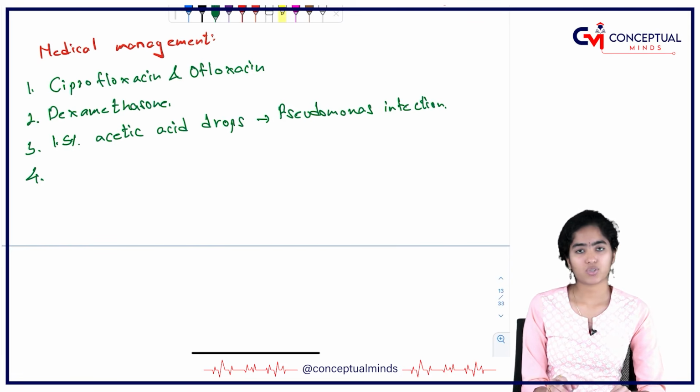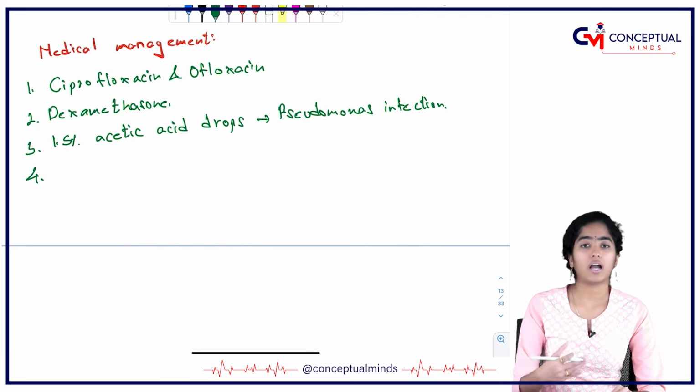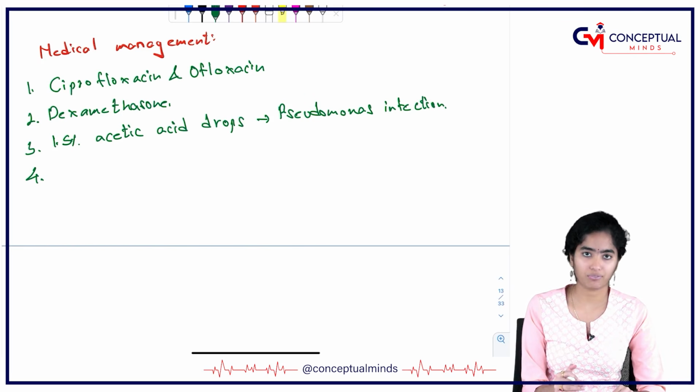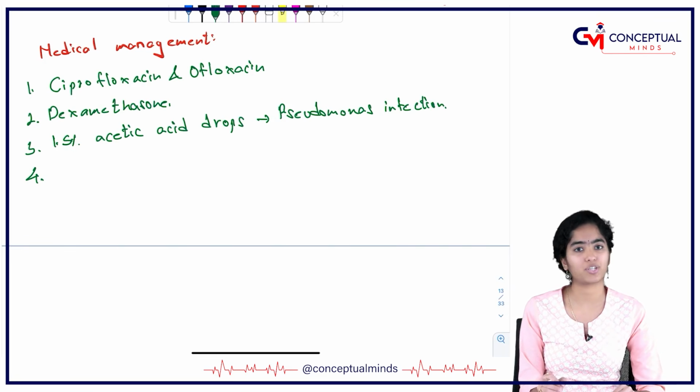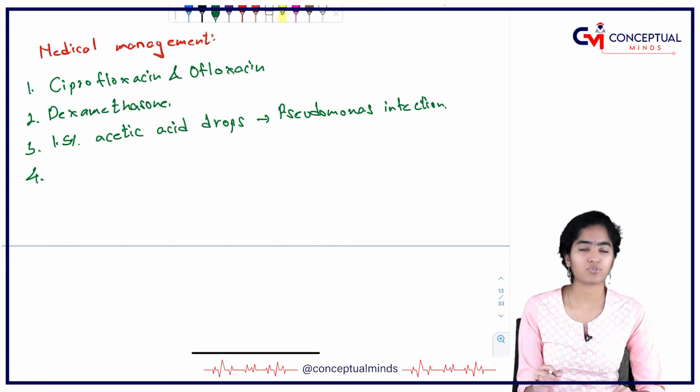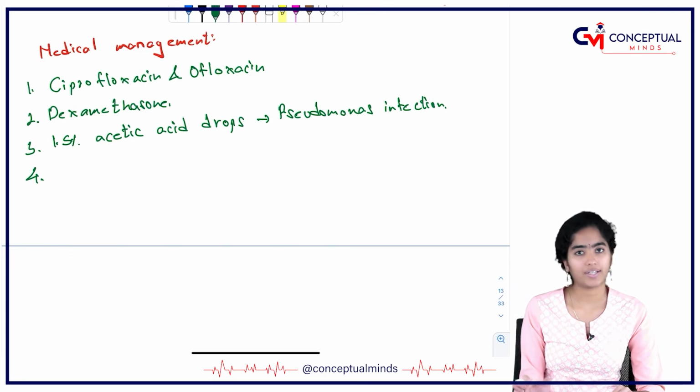And second important instruction is they have to avoid heavy nose blowing, hard nose blowing, because that can propel the infection from the nasopharynx into the middle ear. And whenever there is an upper respiratory tract infection, they must not neglect it because it can travel via the eustachian tube and cause an acute exacerbation. Self-cleaning of the ears, putting of any foreign objects into the ears have to be avoided by this patient.